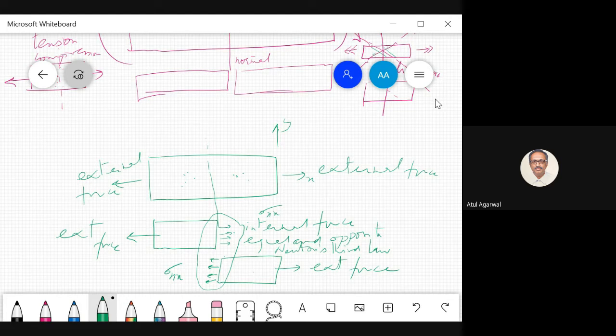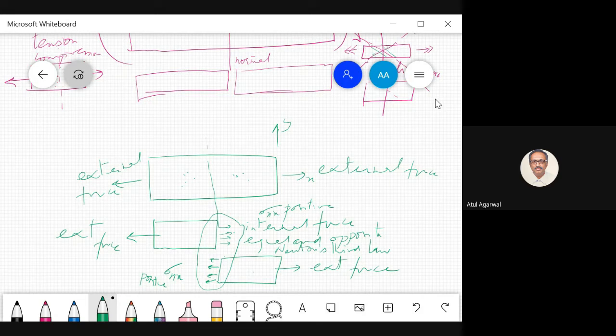So both the stresses are positive. Though the force is negative, the area normal is also opposite. So it doesn't matter whether you take the free body diagram of the left half or the right half. Your stresses will be the same. They will have the same sign. Is it all right, Kevalish? Yes, sir. Okay.